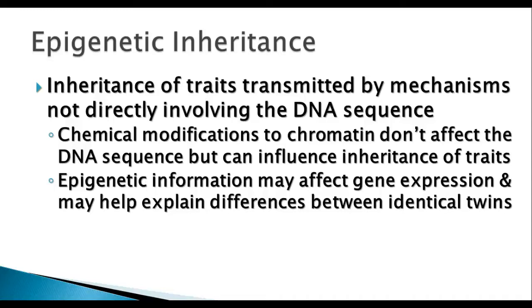These can be inherited from parent to child. So it can affect gene expression. It can help explain differences between identical twins. There are a lot of different things that can be involved there. It's a pretty complex process, but very, very interesting, and one of the most recently widely studied fields in genetics.